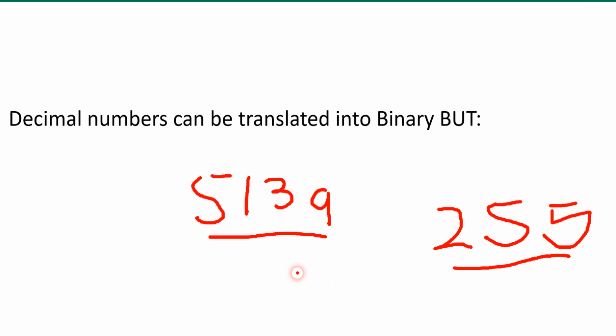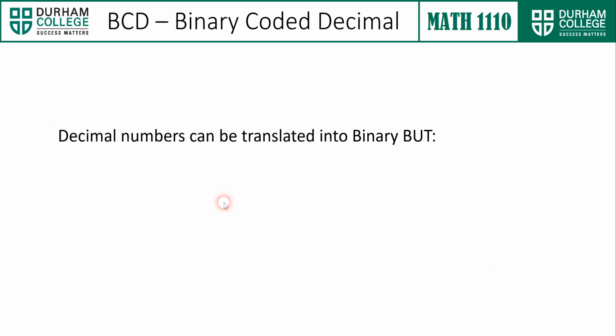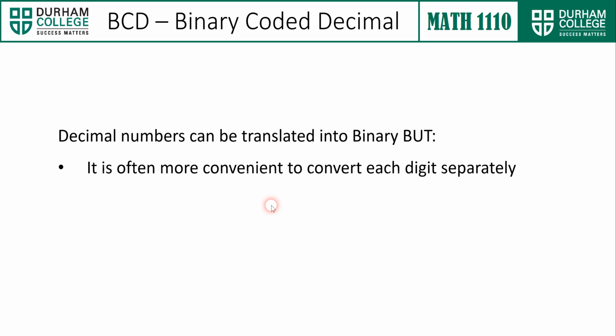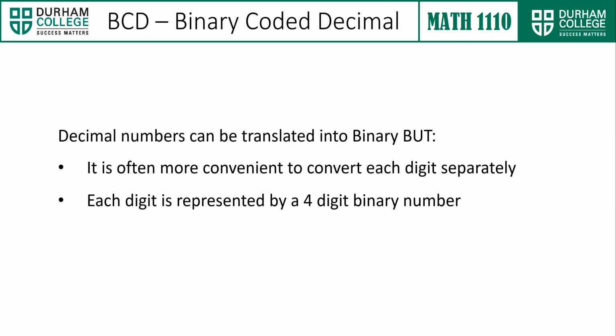So anyway, we definitely need more than 8 bits, more than a byte, and we have to think about that. So that is one way of converting numbers to binary, right? Let's look at another way of doing it, and that is binary coded decimal. How we do it is that we convert every decimal digit into an equivalent binary number.